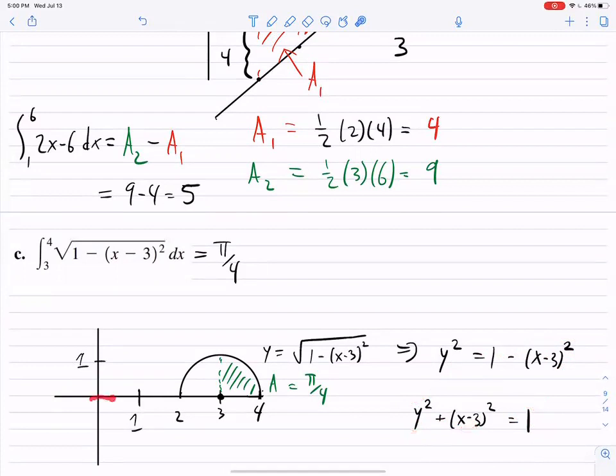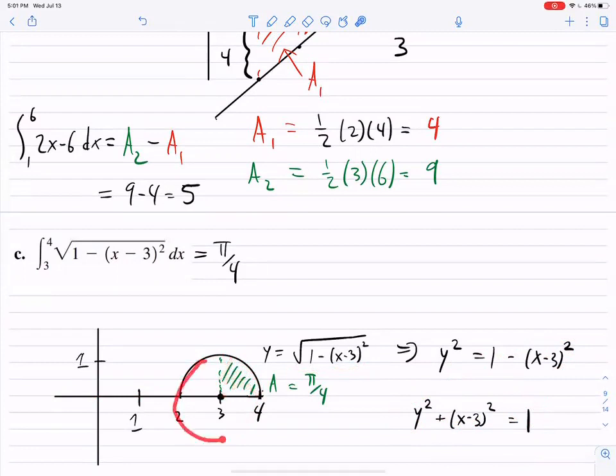So you go to the point (3, 0), and then you draw a circle of radius 1. That's what this graph is. Because it's the square root, it's just the top part. And so the area that they want from 3 to 4 is this little area right here.